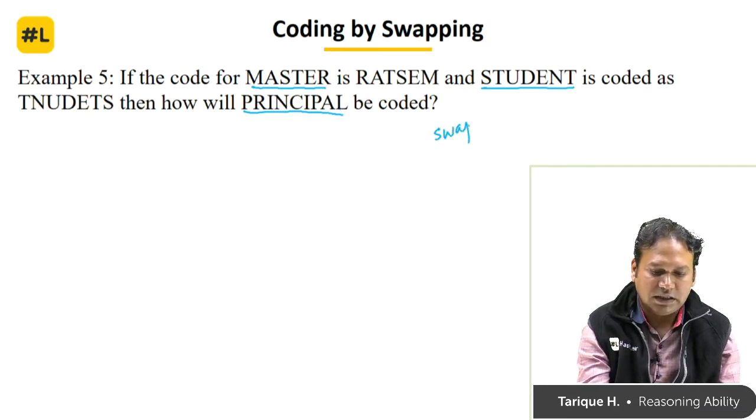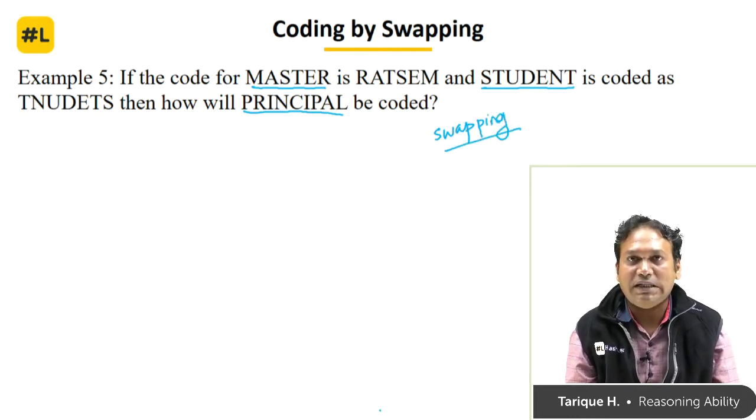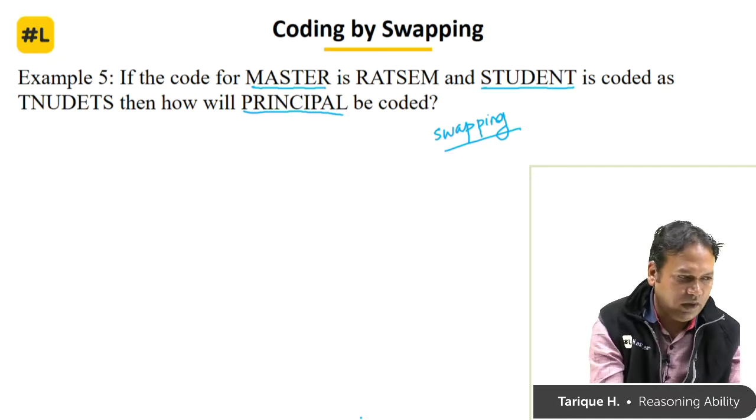How do we know that? We know it is a question of swapping because the same letters are there, every letter is the same, only the position has changed. Clear? So let us look at the way this question should be solved.